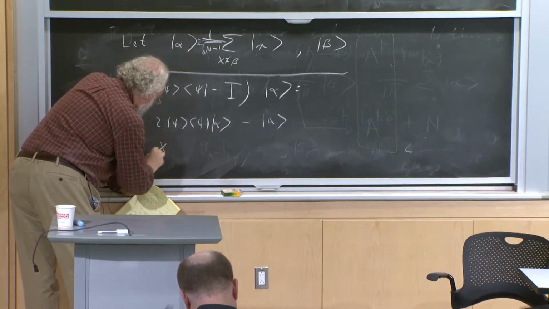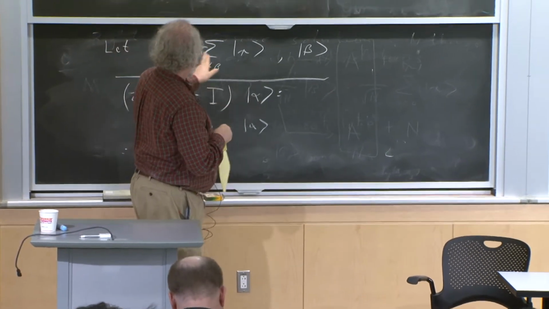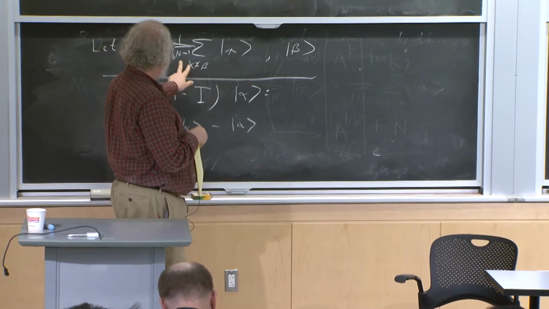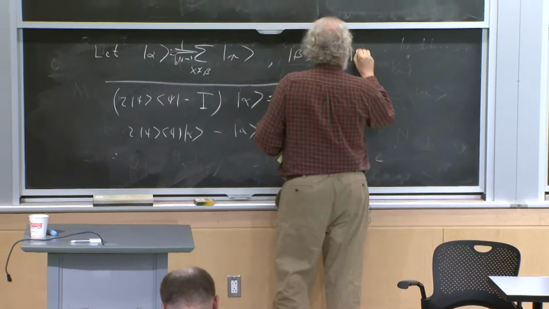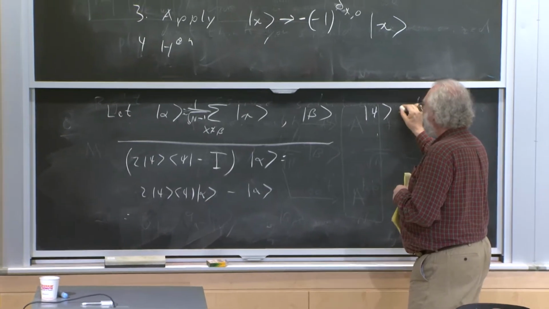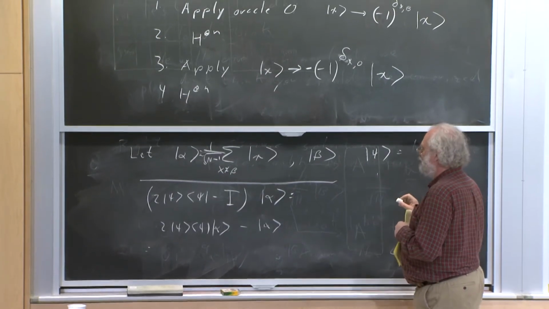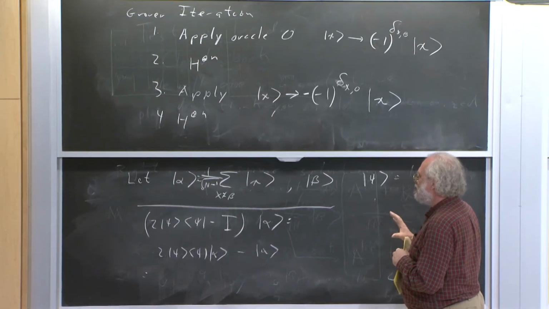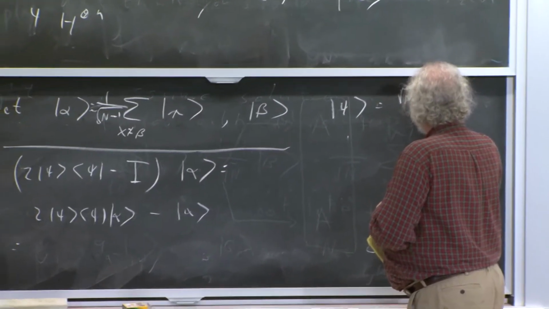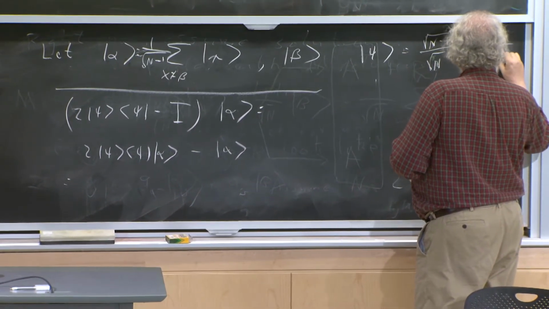And psi was what? Psi equals root n minus 1 over root n alpha plus 1 over root n beta.